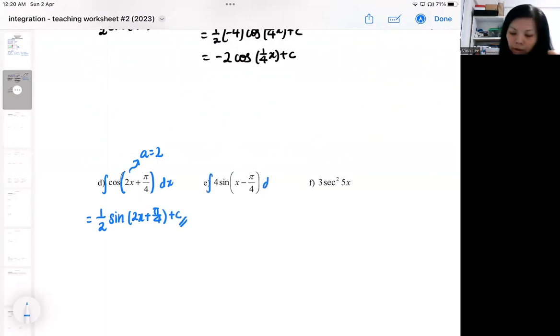Then here, observe where your a is. Your a is 1. If you use the formula, it will be -1 over 1, and you get a cosine x minus pi over 4.